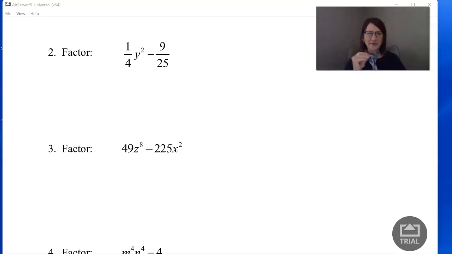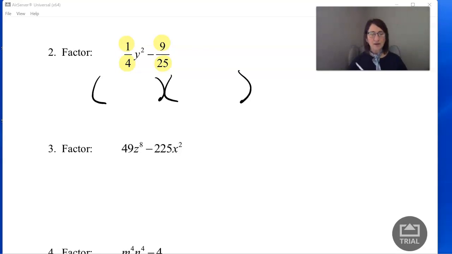When you have fractions, all you need to do is check whether all of your numerators and denominators are perfect squares. Then the fraction itself is a perfect square, and that's the case here. So I can go directly to my two binomials. The square root of 1/4 is 1/2.